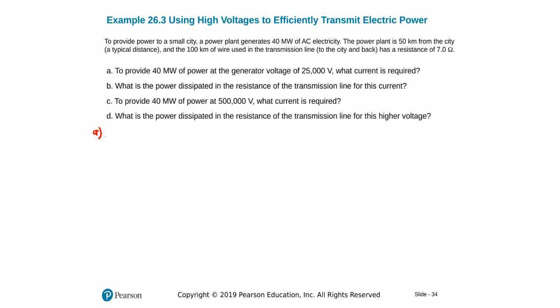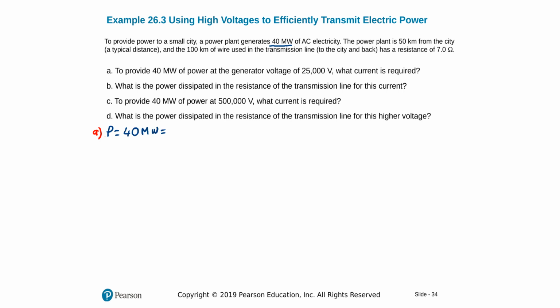it is the case. So here's the question: to provide power to a small city, a power plant generates 40 megawatt of AC electricity. So that's the power, right? So this is the initially generated power at a power plant, 40 megawatt.